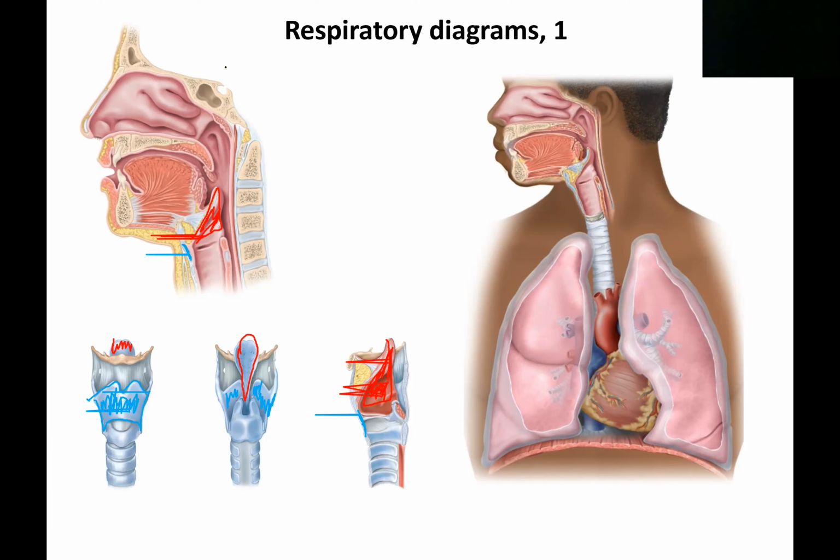The cricoid cartilage. So you could essentially say it's this cuff, doesn't form a line, but it's this first ring there and here.